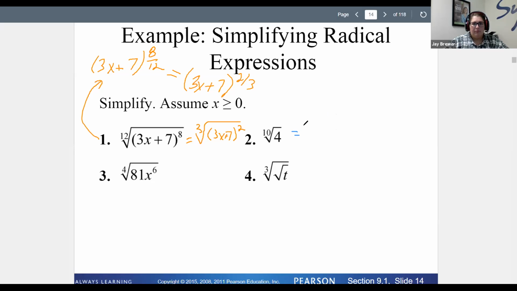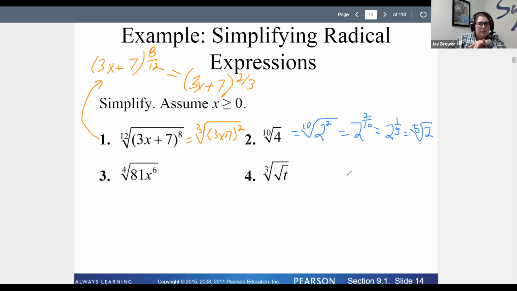So before they rewrote it, they put 4 into exponential form. So then they have a base of 2 to the 2/10, which makes it 2 to 1/5. So then they did the 5th root of 2.